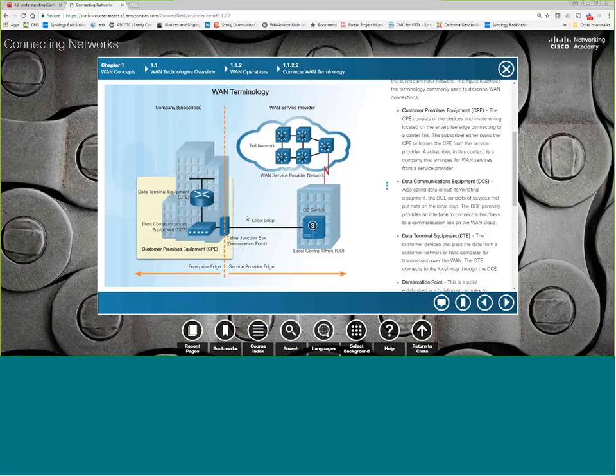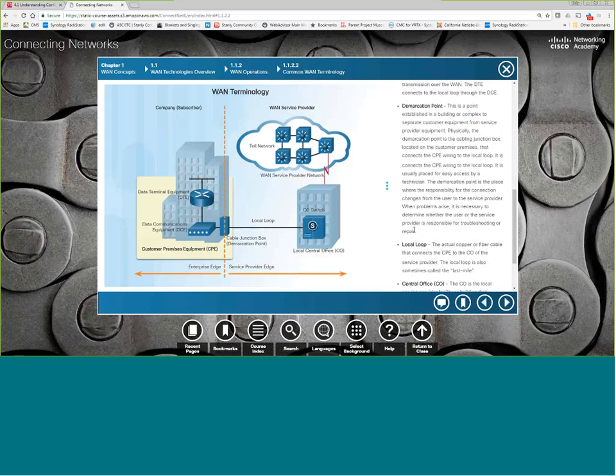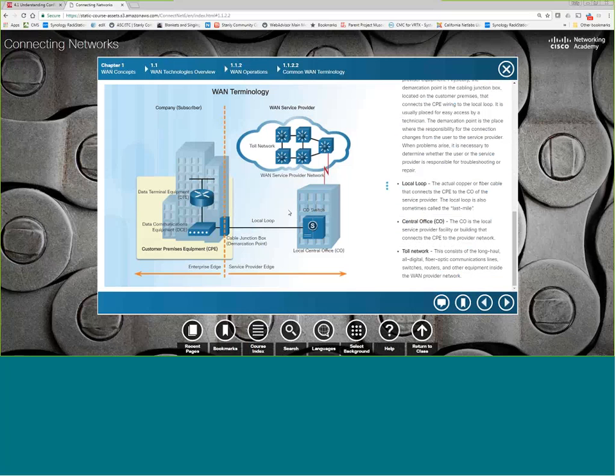This is what causes all the problems with DSL, because there's a limit of I think 15,000 feet, 1.5K, on how far you can go from a DSLAM or the switch to a DSL modem and get really high-speed internet. And then the central office, obviously, houses the switch, or it could just be a switch on the road. And then the toll network, which is where you go out to the WAN service provider.